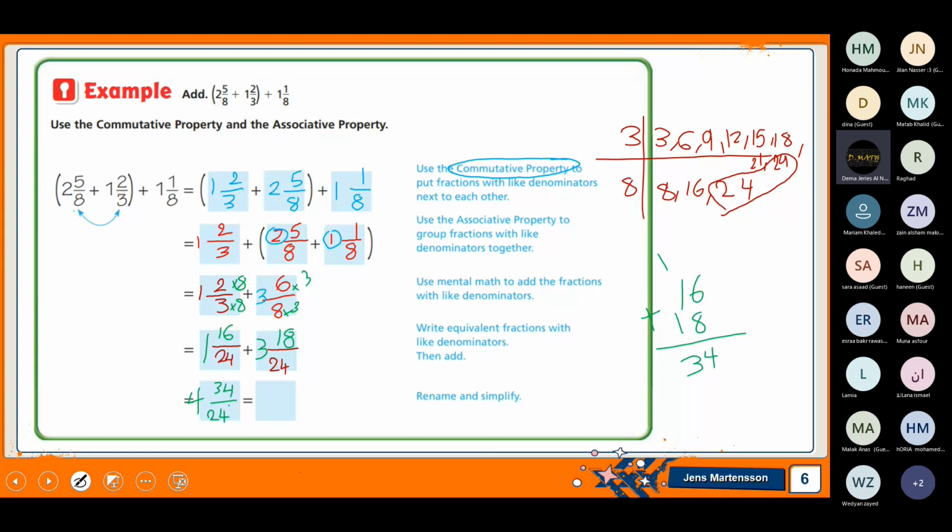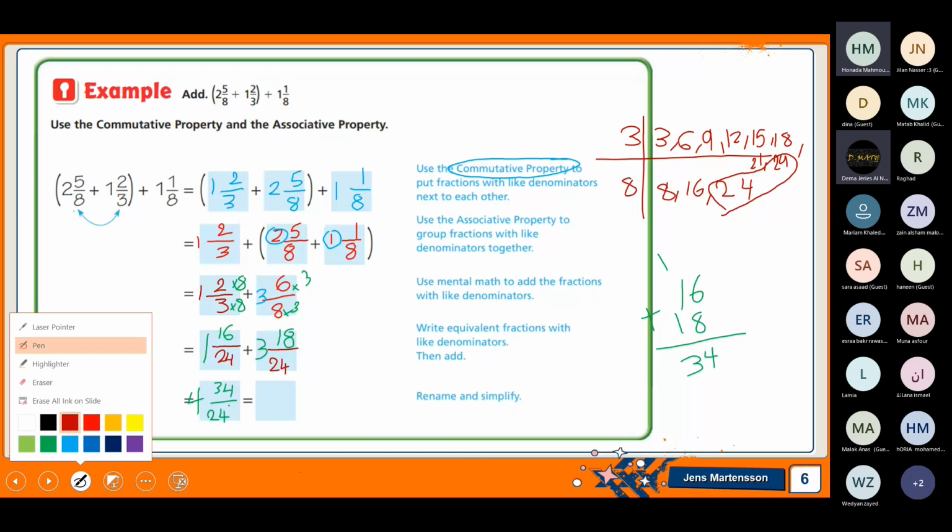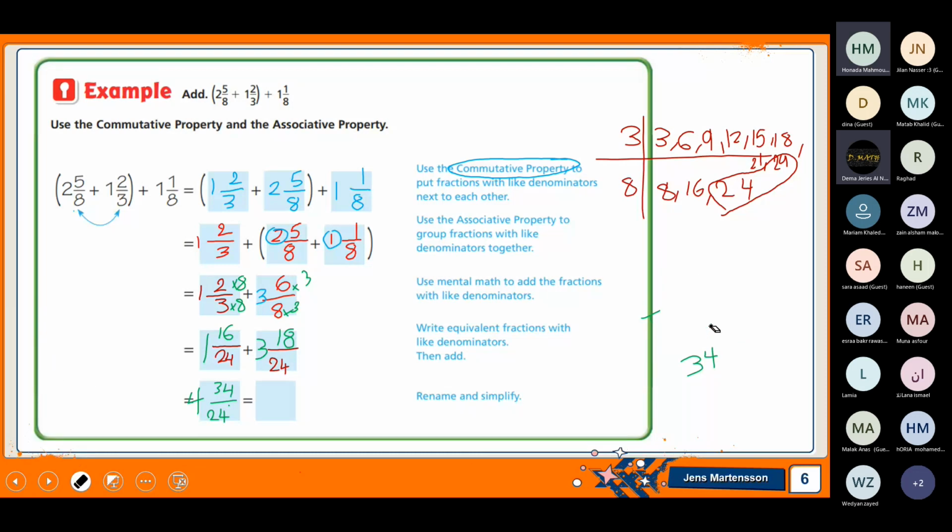If you look at them here now, you find that the numerator is greater than the denominator. So how can we simplify it? We will divide, bravo. If the numerator is greater than the denominator, we will divide.